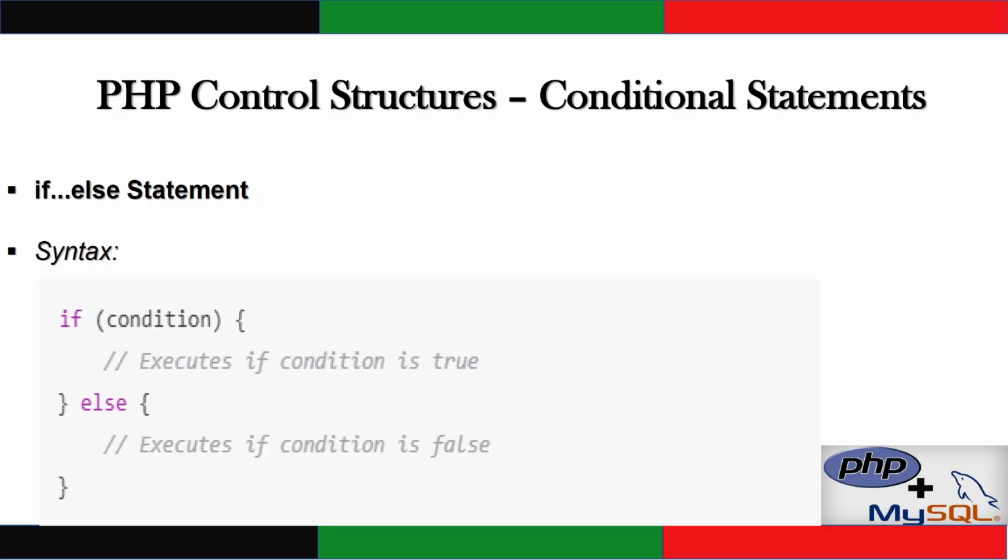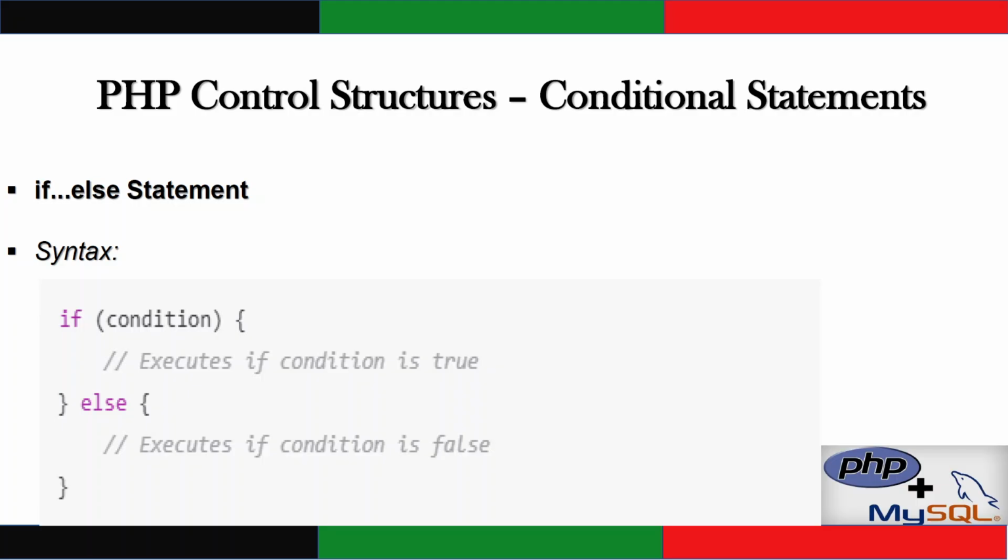Now, with the if else, we are still going to perform a particular action even when the score is less than 50. So the code inside the if block is what is going to be run when the condition turns out to be true. Then the code inside the else block is what is going to be run when the condition is false.